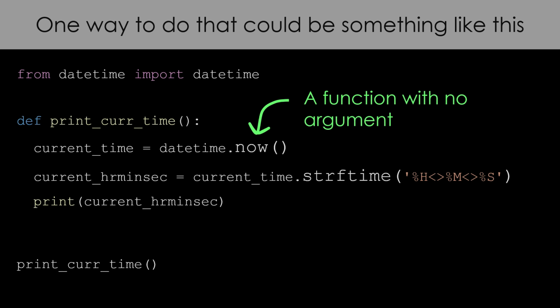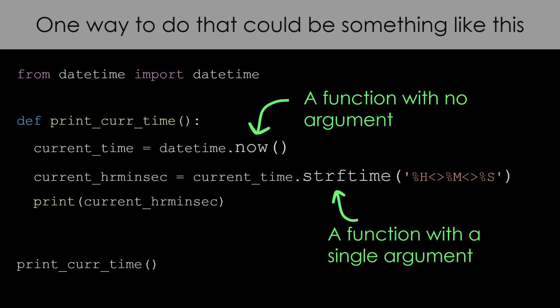Some folks have written a bunch of code to get the current time and call the function now that takes no argument. They have also written another function called strftime that takes a formatting string as the single argument. For simplicity, we were referring to them as commands, but at the same time, they are essentially functions in the programming lingo.